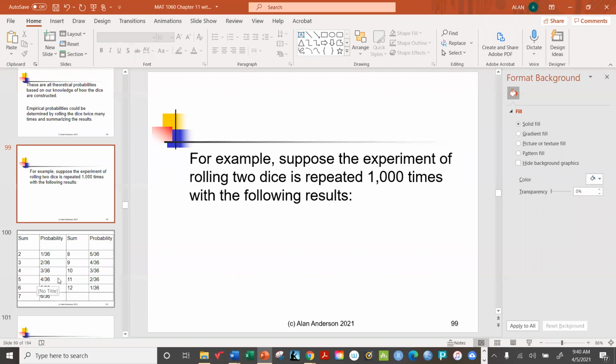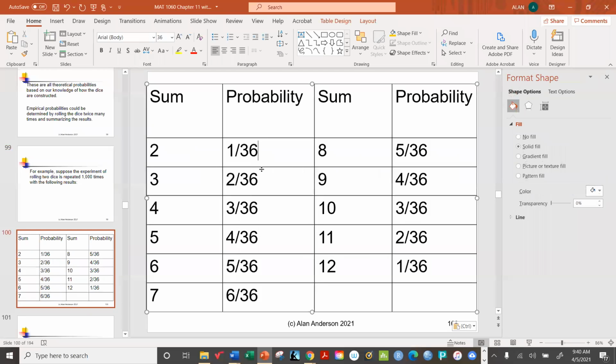Okay, so let's say in the first case, I get, let's see, how about if I get 3? And then for this one, I get 5. And then for this one, I get 9. And 13. Well, that's actually too low for 1,000.